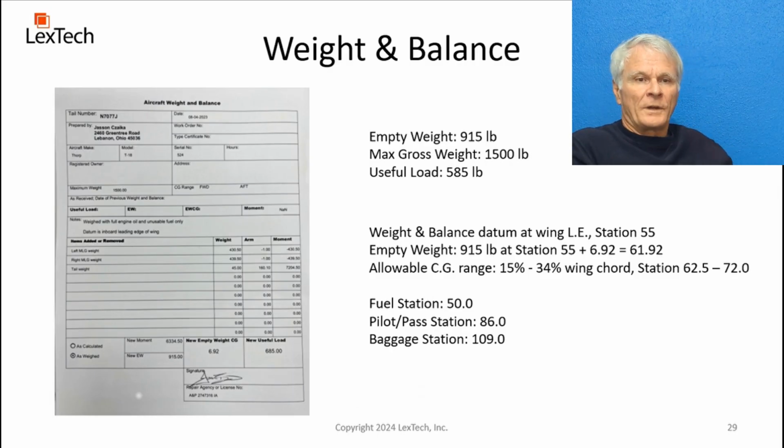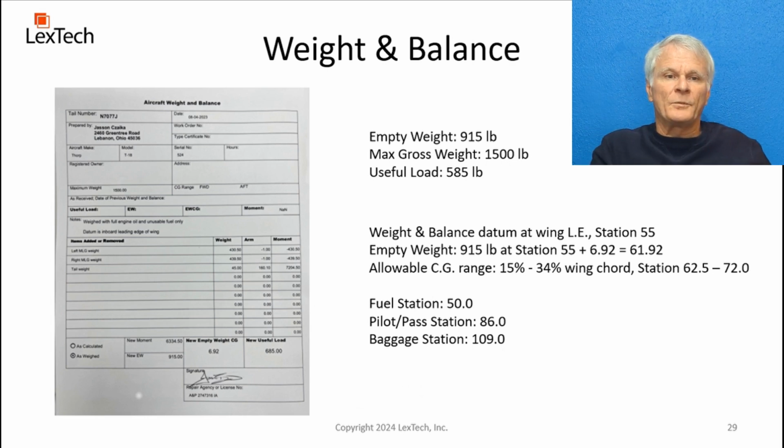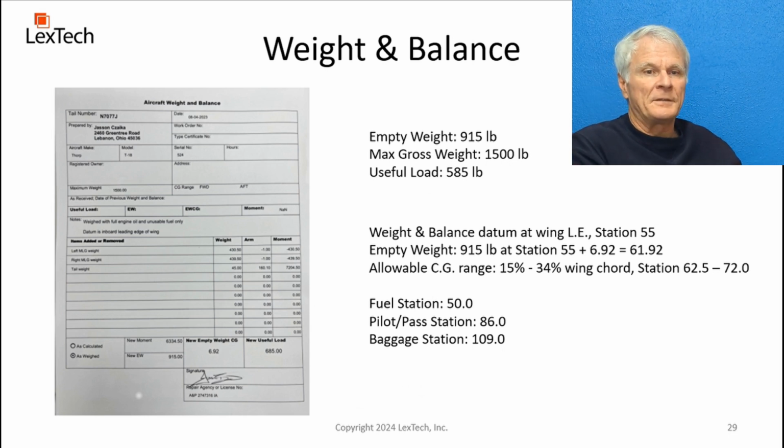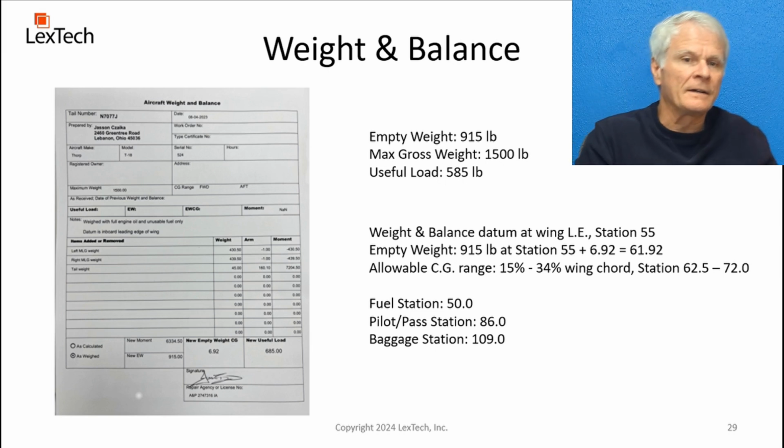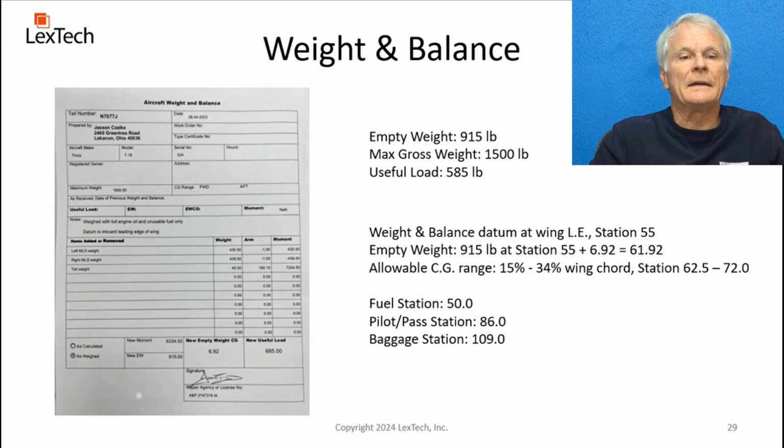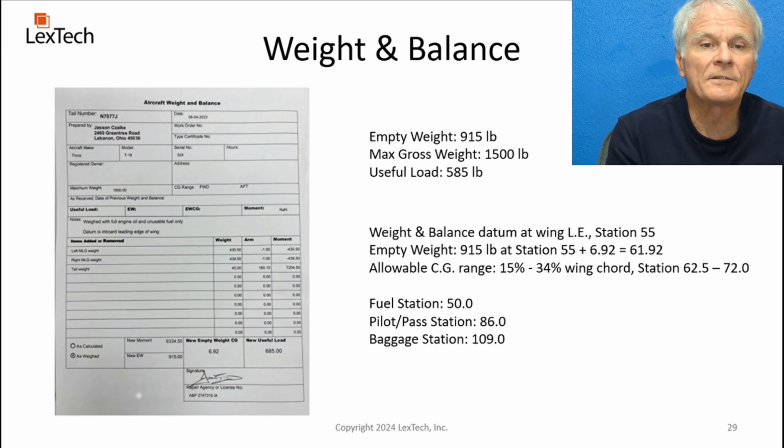So here's the official weight and balance sheet. Empty weight on this airplane is 915 pounds. Gross weight, 1,500 pounds, leaving a useful load of 585 pounds. You can see the weight and balance datum was the wing leading edge. It's station 55. And empty weight puts me at station 61.92.